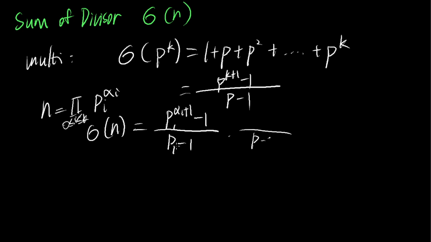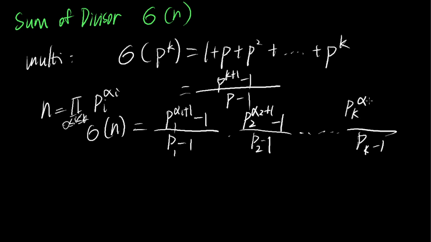The first is p1, second is p2, sorry, (p1^(alpha1+1) - 1) over (p1 - 1), times (p2^(alpha2+1) - 1) over (p2 - 1), up to (pk^(alphak+1) - 1) over (pk - 1).